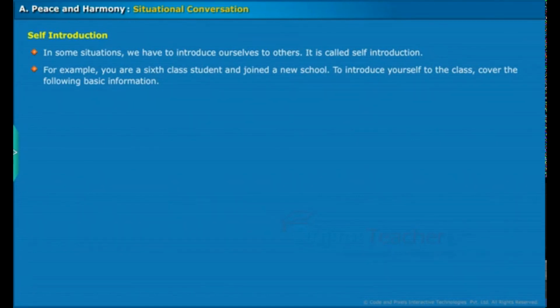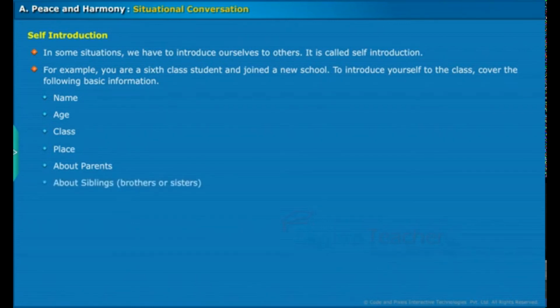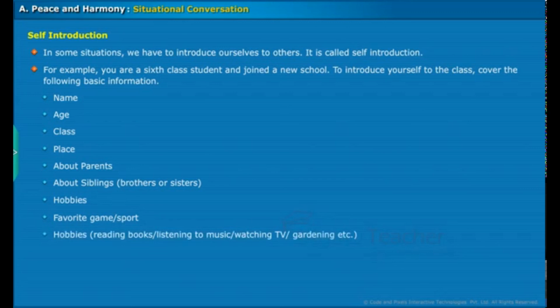To introduce yourself to the class, cover the following basic information: name, age, class, place, about parents, about siblings, your brothers or sisters, hobbies, favorite game or sport, hobbies like reading books, listening to music, watching TV, gardening, etc.